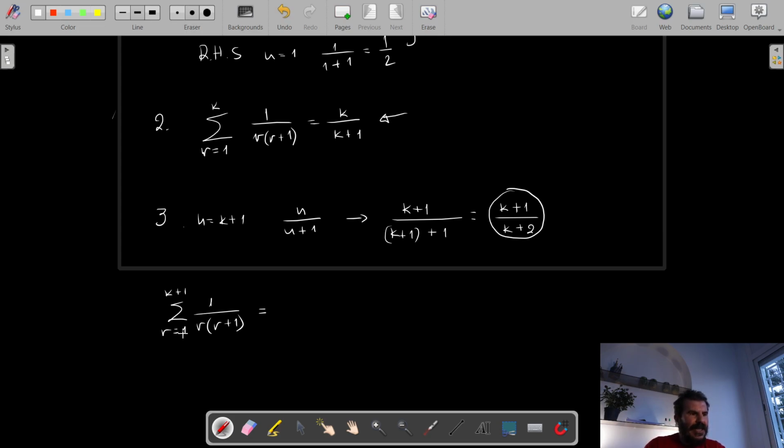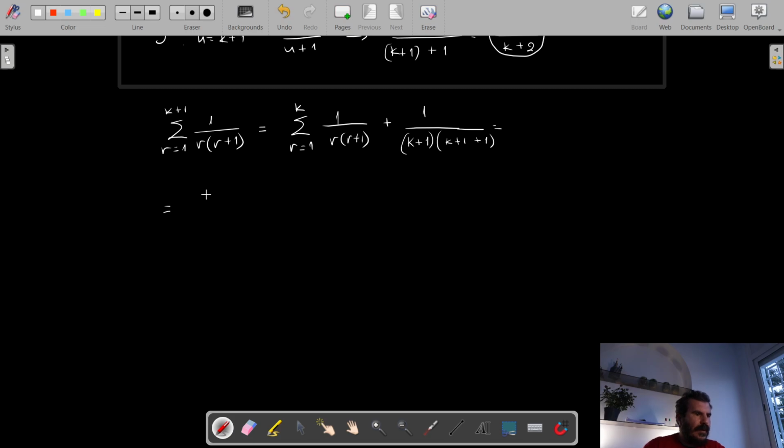Your sum of the series from 1 up to k plus 1 terms is going to be the sum for r equals 1 up to k of this expression plus one more term, which is going to be 1 over, now the term goes in the place of r, k plus 1 times k plus 1 plus 1, which gives me the sum for r equals 1 to k plus 1 over k plus 1 times k plus 2.